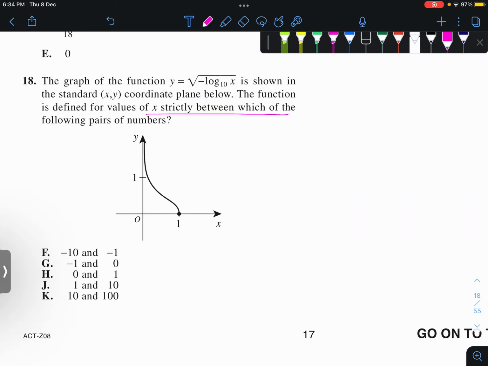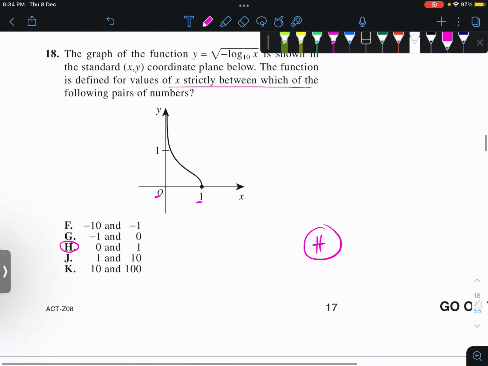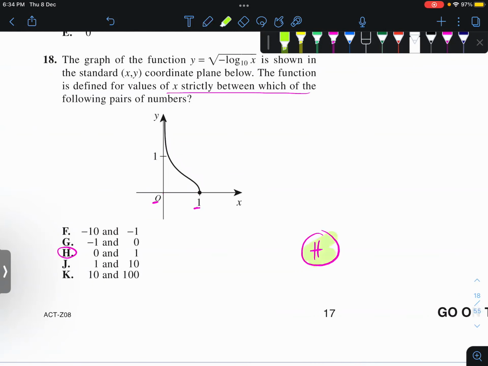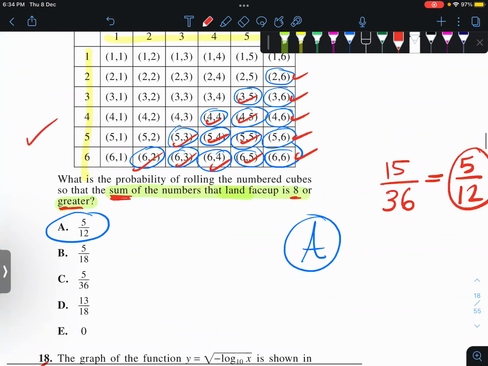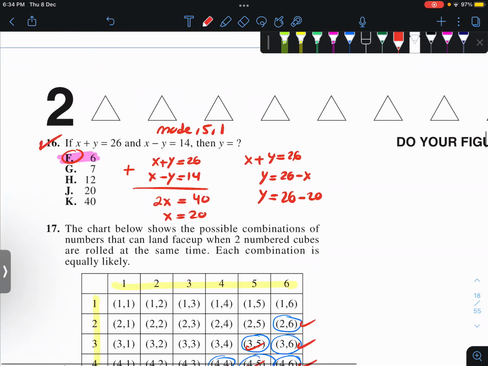Between 0 and 1, right? Easy. This function is defined between 0 and 1 only. Negative 10 is wrong, 10 and 100 is wrong. So the answer is H. Is it true with you? Yes. And the previous ones, 17 and 16? Yes. Nice.